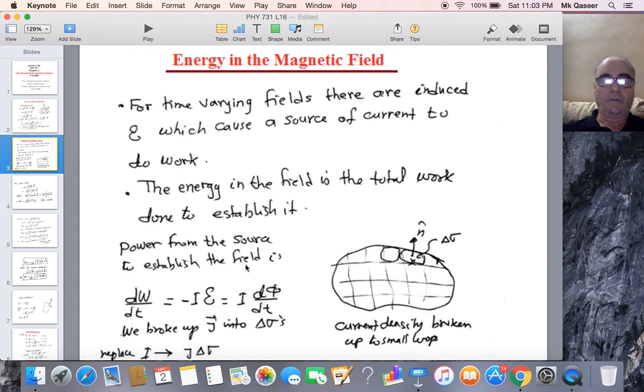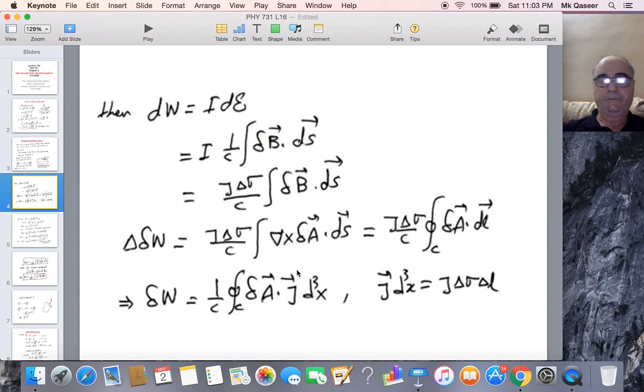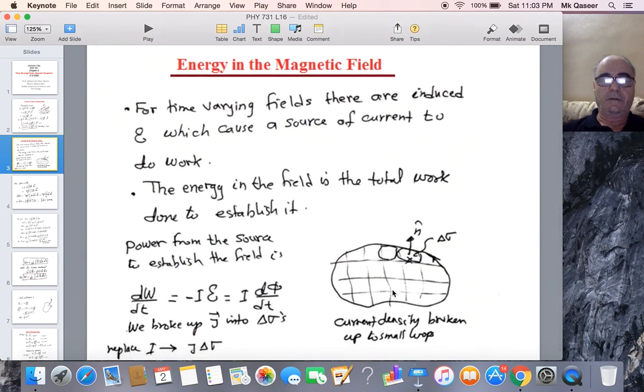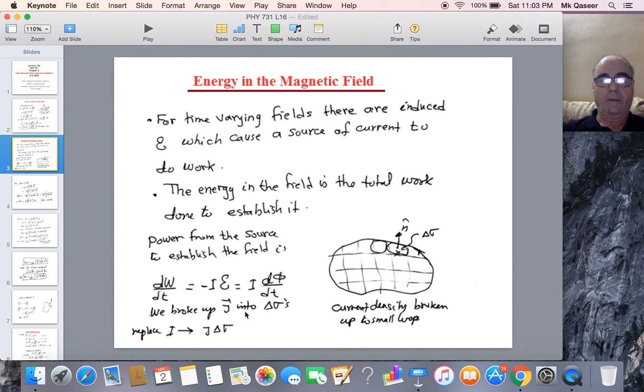Now the power from the source to establish this field, which is the rate dW by dt, is given by minus I times E, which is equal to I times d phi by dt, the rate of variation of the flux.